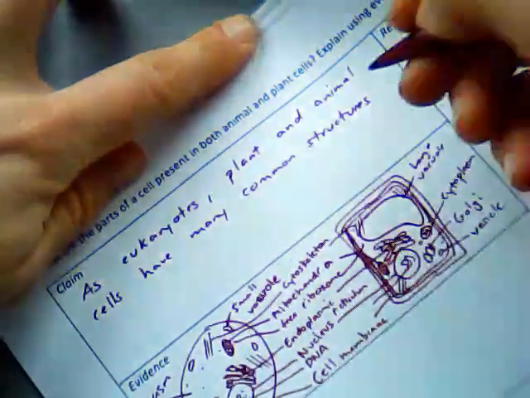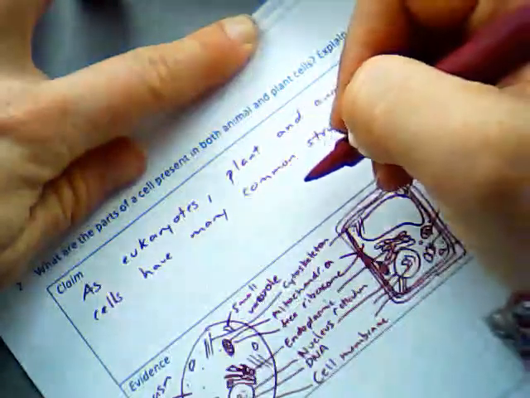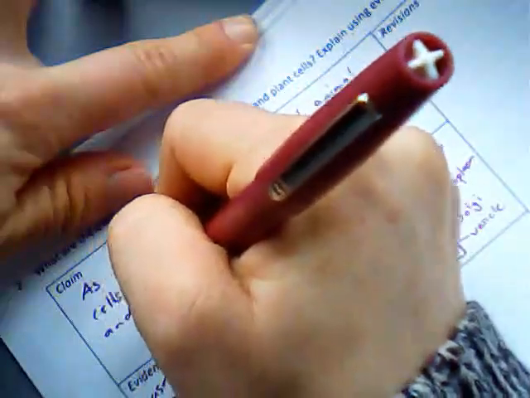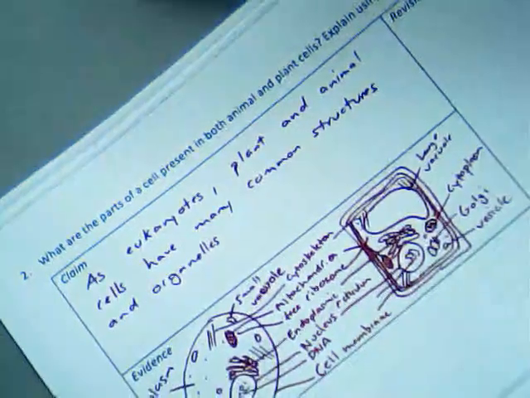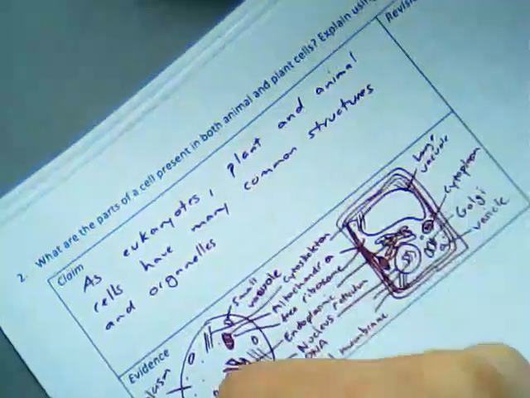It's almost like the beginning of your paragraph would be your introductory sentence. So plants and animals have many common structures and organelles. And then the bottom, we're essentially doing the same thing. So we're explaining what they have in common.